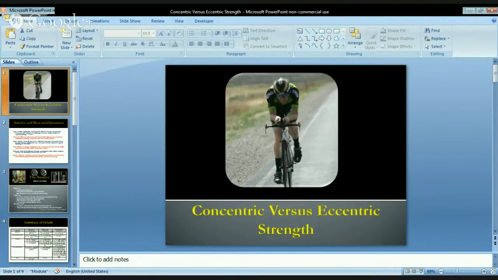So going back to our research questions, what is the difference between eccentric and concentric muscle training in relationship to morphology and strength adaptations in the extensor muscles? So this is for Sager. And they find that strength gains were made for both types of contractions.